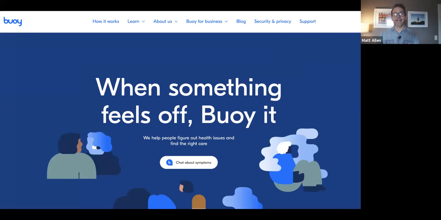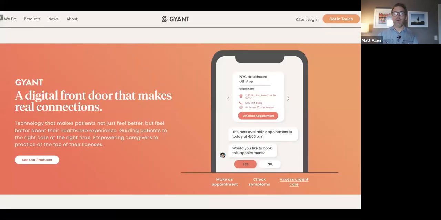And patients expect that. They expect now that they can have an experience like that. Or maybe when they actually go into a hospital or look for care, they can essentially use their app to find where they need to go, or they can find virtual care, or they can find an urgent care that's open right now, and they can schedule an appointment right now, when it works for their schedule. They don't have to call an office.